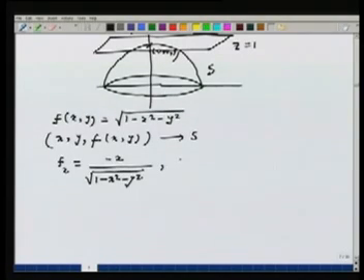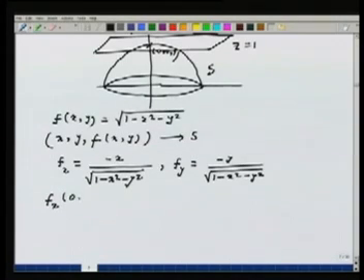I will also need f y, that is minus y by square root of the same. But note that I will need f x at the point where I want to find the tangent plane, that is 0, 0, 1. If I put x equal to 0, then f x turns out to be equal to 0, so is f y.